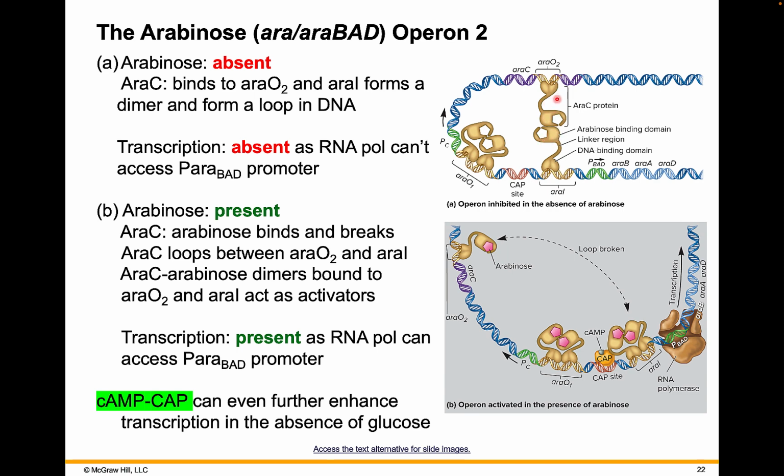Because this linker domain right here, due to the binding of arabinose, actually bends. And that's the reason that this will basically separate these 2 molecules. So you can see that right here, arabinose binding separates these 2 molecules, and the loop is basically broken.